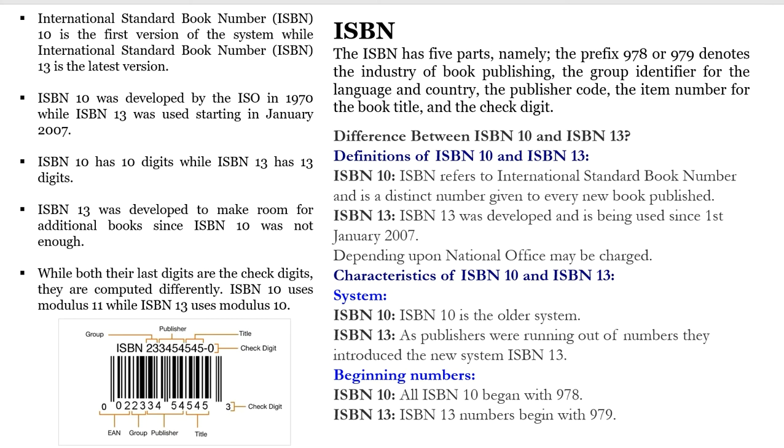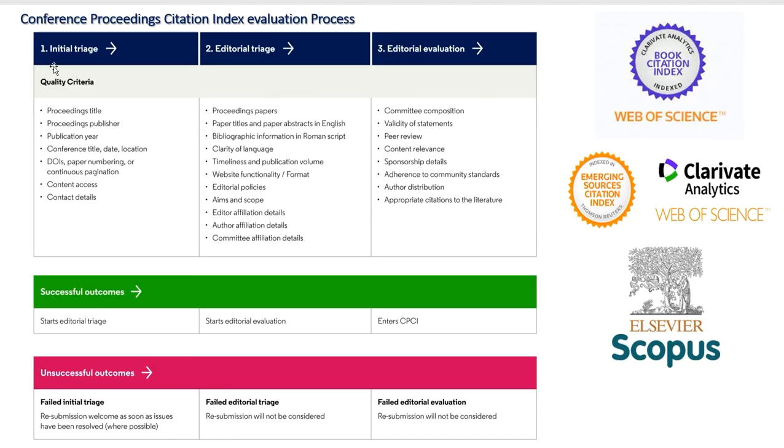Okay. Next, conference proceedings: the citation indexing evaluation process. This is the conference citation evaluation process: initial stage, quality criteria, and successful and unsuccessful outcomes.